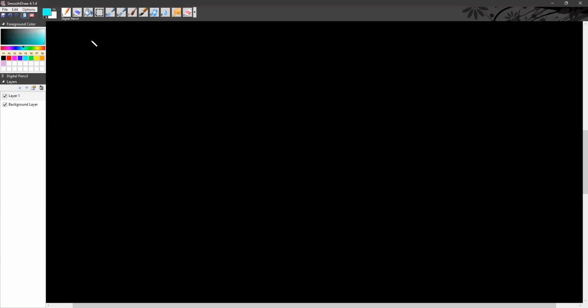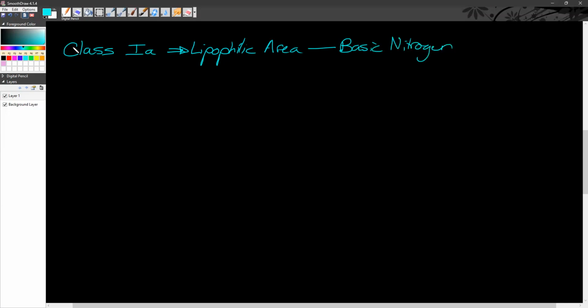What I will do is let us just list out what those identifiers are going to be. So for class 1A, the identifier is going to be that we have some sort of big lipophilic area, and then that's going to be connected to a very basic nitrogen. I'll do 1B next. When we look at class 1B, this is going to be similar, where we start with the lipophilic area. The difference is that we add the aniline with the basic nitrogen.